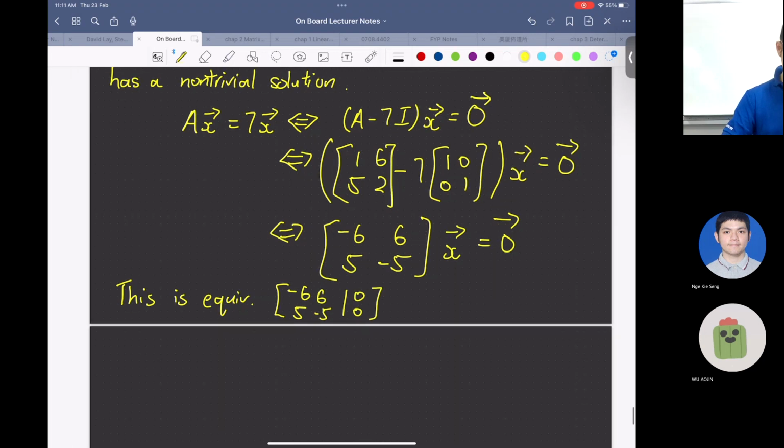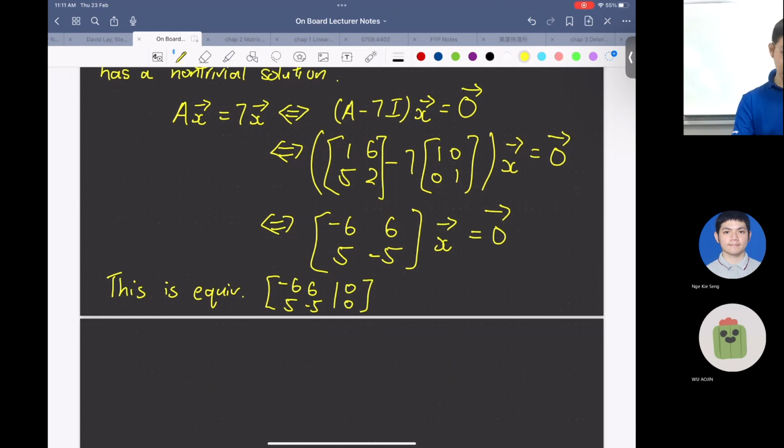Why? Because you can take one as a multiple of the other. Or if you row reduce this, you will get 1, minus 1, 0, and then 0, 0.